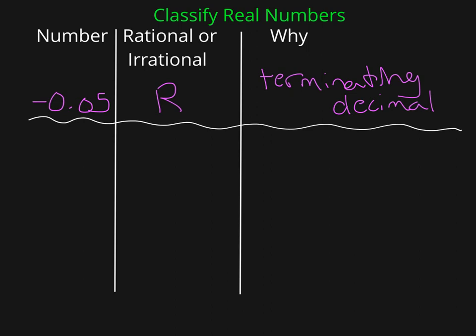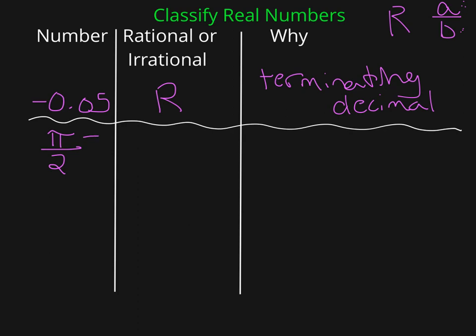All right, the next one, pi over 2. This is kind of a trick question because it looks like a fraction and all fractions are rational. However, to be rational, it's in the form a over b, in which a and b are integers, like 1 over 2, 3 over 4.